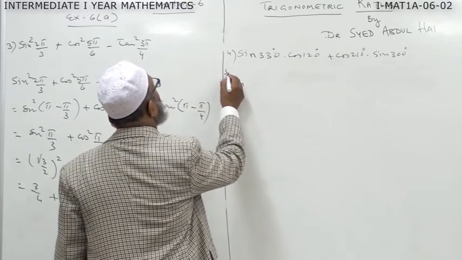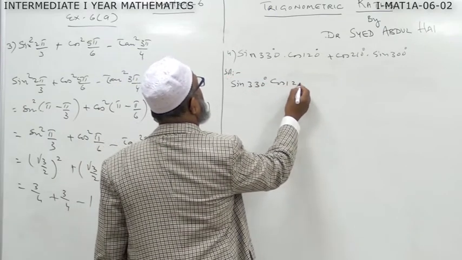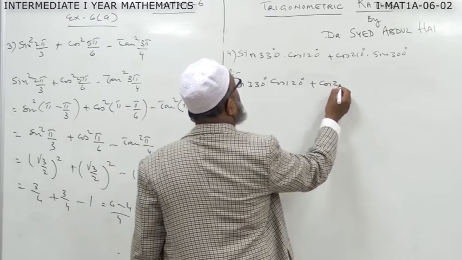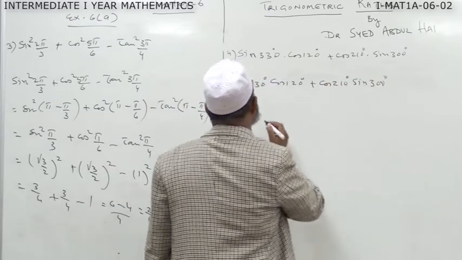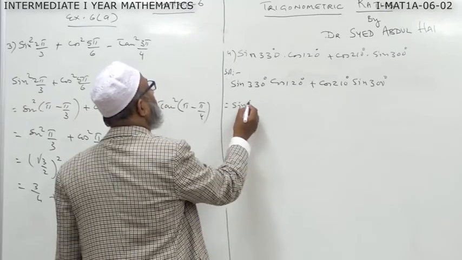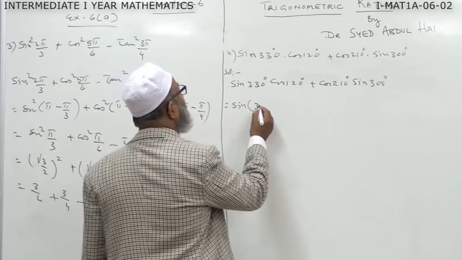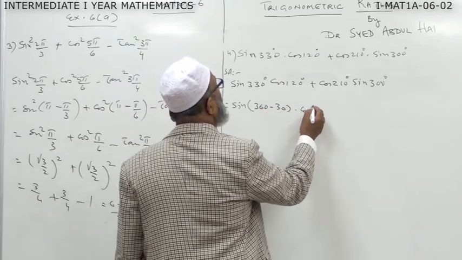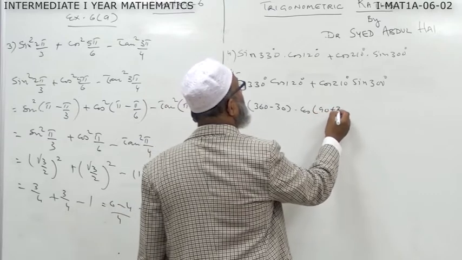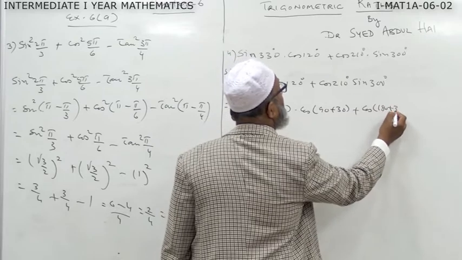Solution is sin 330 degree cos 120 degree plus cos 210 degree into sin 300 degree, which can be written as follows. 330 is more than 270, so I can write it as 360 minus 30. 120 is equal to 90 plus 30. 210 is equal to 180 plus 30.